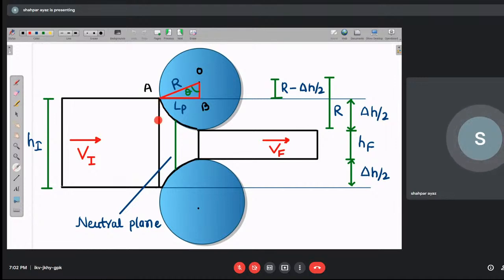Therefore, initial height is bigger and velocity is lesser. So remember that Vi is less than Vn and Vf. The initial height is more, the neutral plane height is less, and the final height is less.